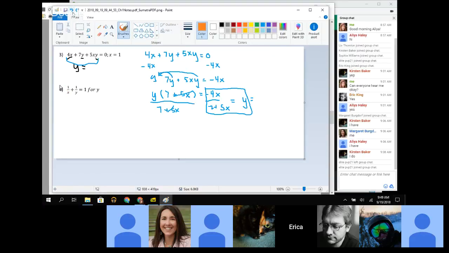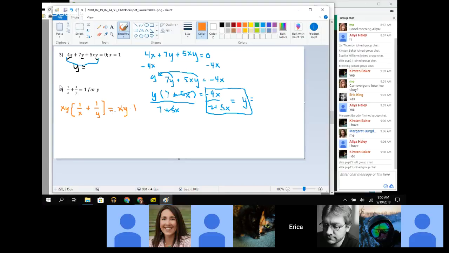Okay, so example 4 says I have 1 over x plus 1 over y equals 1, and to solve for y. How you would do this is you look at the denominators and multiply by the lowest common denominator. The lowest common denominator of x and y is x times y. Then you multiply that by the left-hand side of your equation, and you multiply that by the right-hand side of the equation.